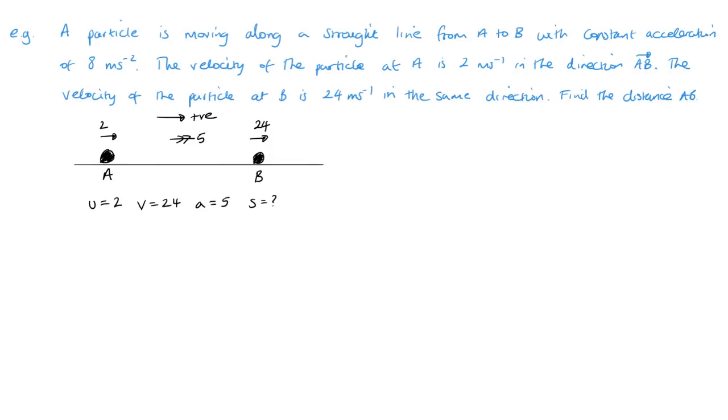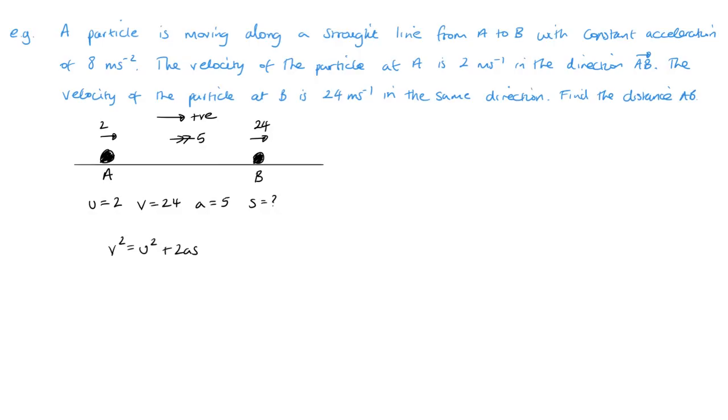Looking back at our formulae from earlier, hopefully you'll notice that v squared equals u squared plus 2as contains these 4 letters. So I want 3 that I know, and the one that I want to find is the 4th one. And here we have it. Any other formula wouldn't work, we'd have to do more than one calculation.